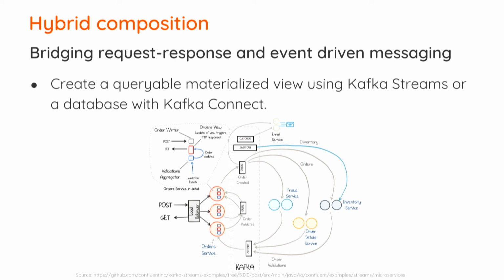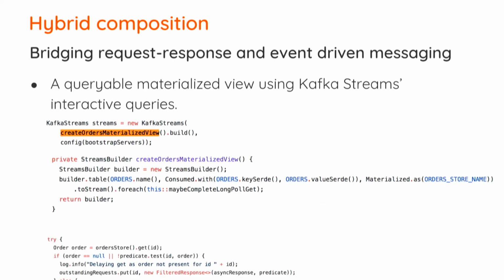RESTful service. So what we can actually do is you can have Kafka as an event-driven event log, and you can create a queryable materialized view out of the existing Kafka topics using Kafka Streams. So it will look something like this.